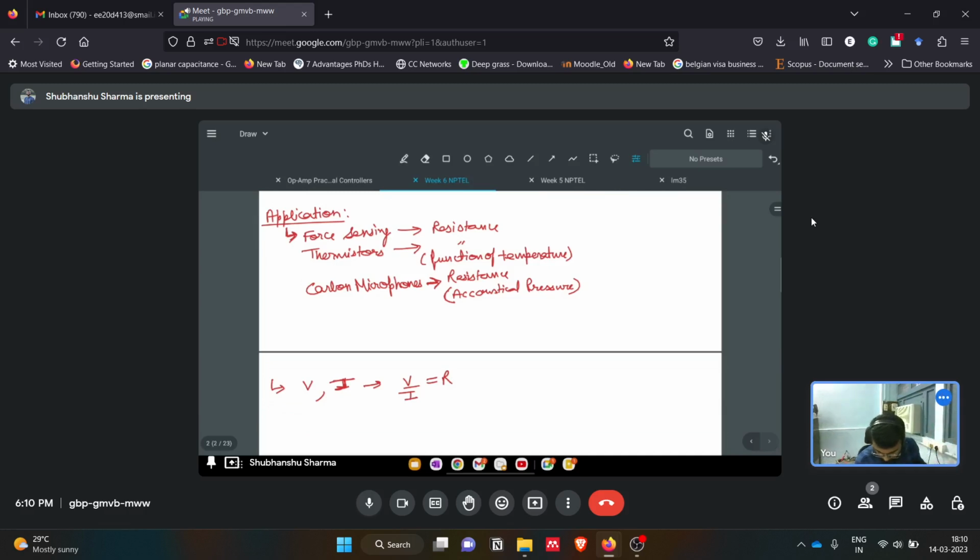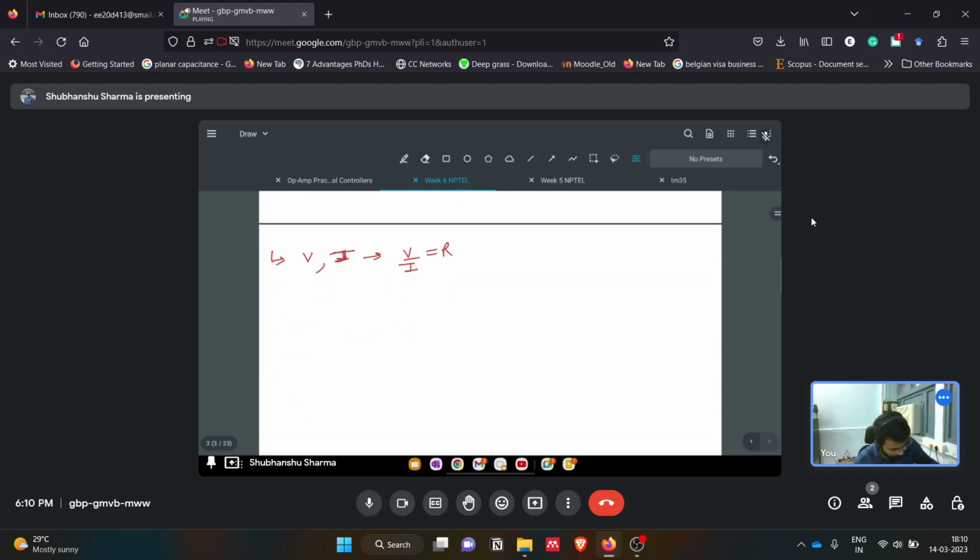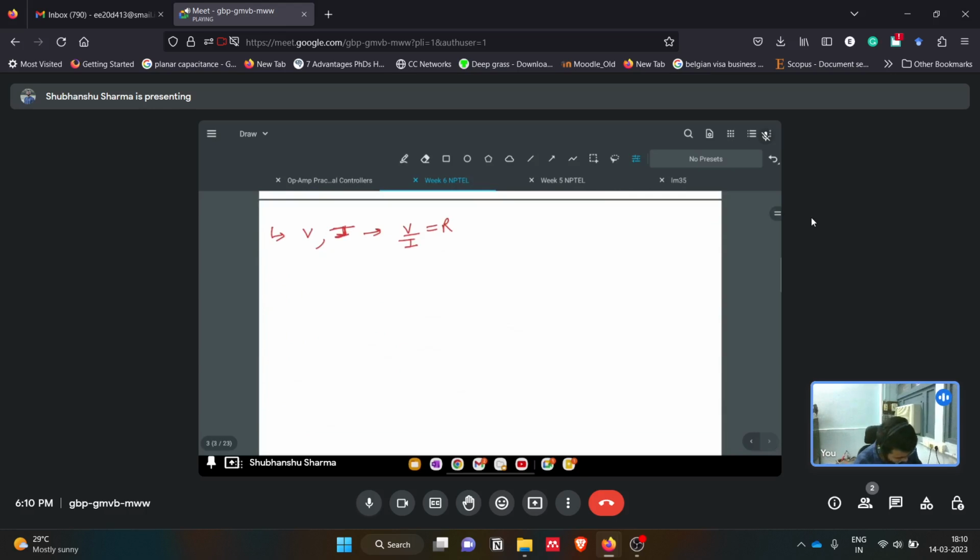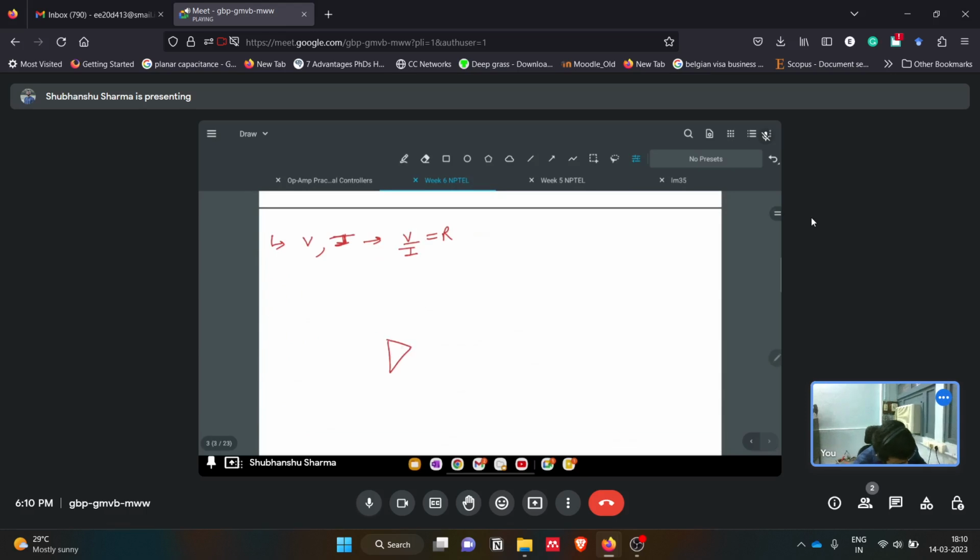So for that, we will drive a circuit which can do this. We will basically be using a voltage follower here, and we will be attaching two transistors in front of it.